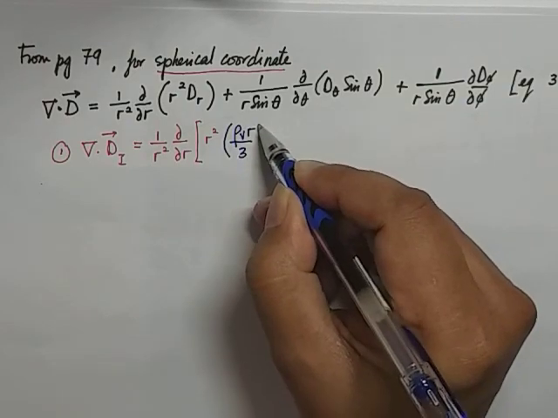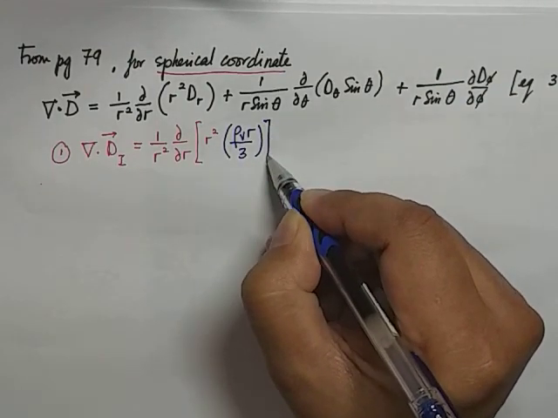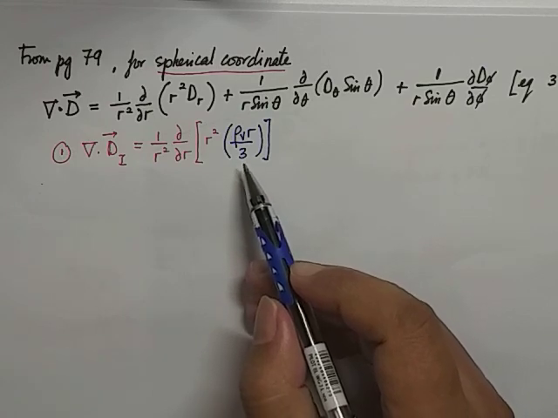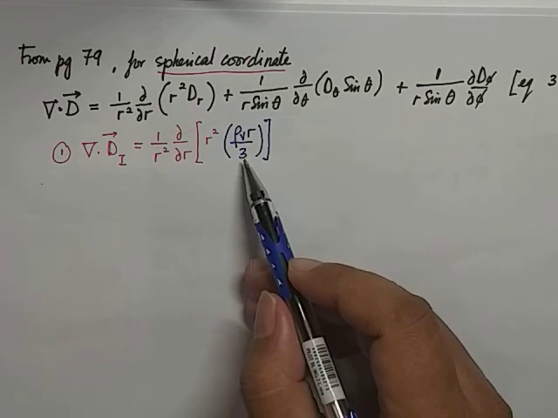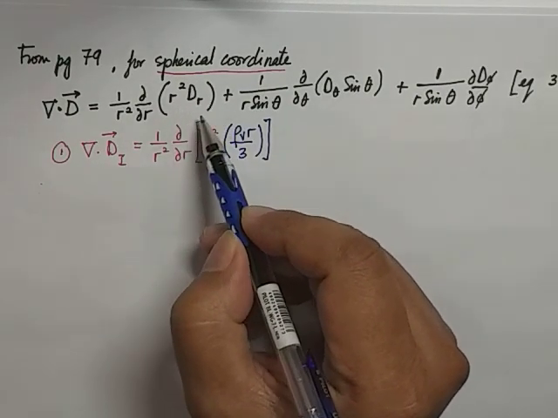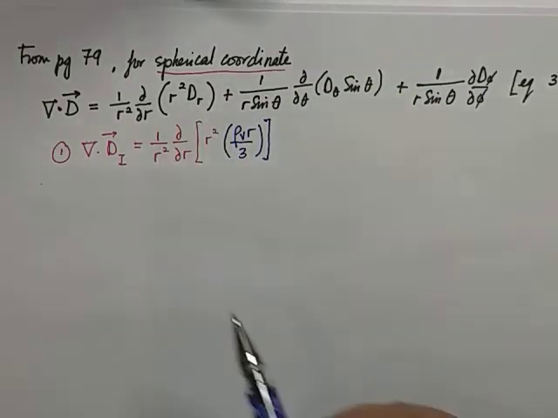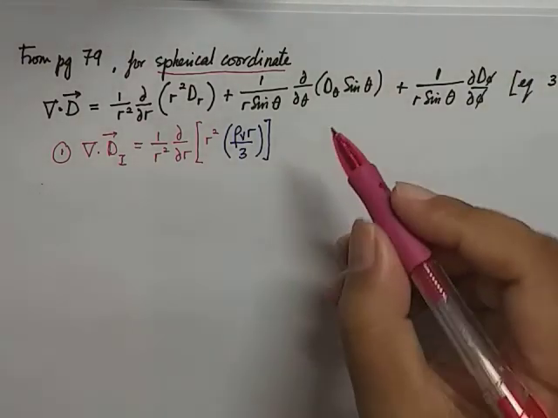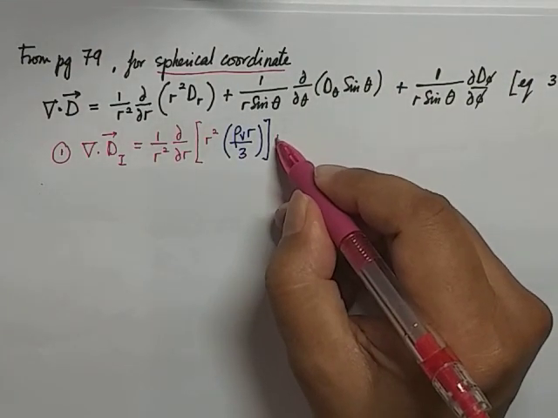You can see I just substitute the magnitude of the vector D1 in the r component. There's no direction here, because the substitution needed is only the magnitude of Dr. Then I'm going to continue with the other parts of the equation.